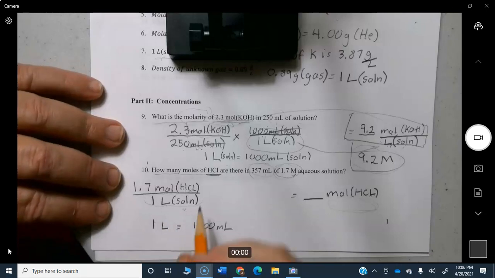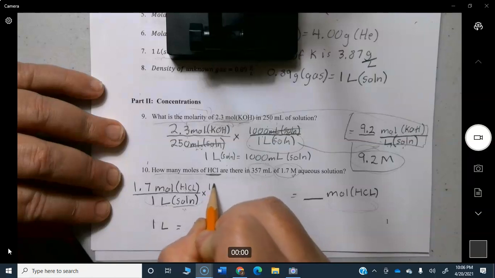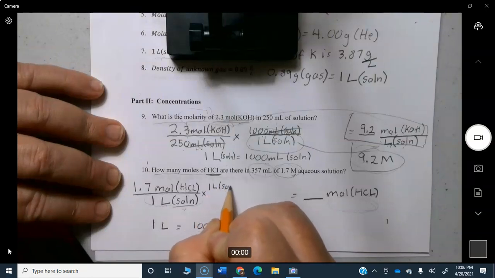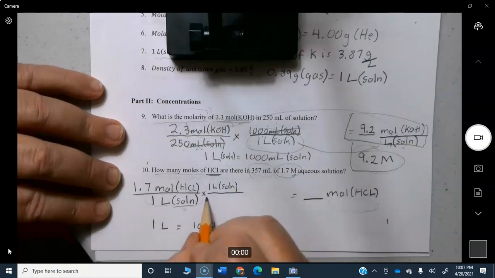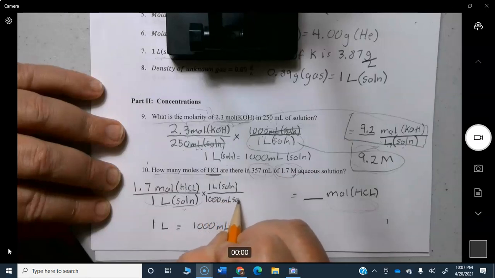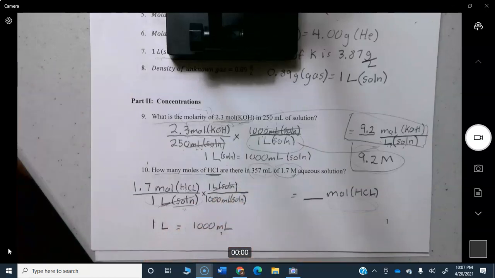So what we're going to do is, and it's of solution, so it's times 1 liter of solution for every 1,000 milliliters of solution. Okay, so liters of solution cancels with liters of solution. Good. So now down on the bottom we have milliliters of solution, but the problem is we need to end up with nothing on the bottom. You don't have any denominator there. So how do we make this cancel out?